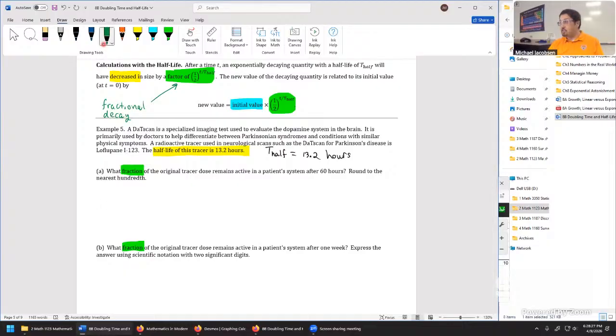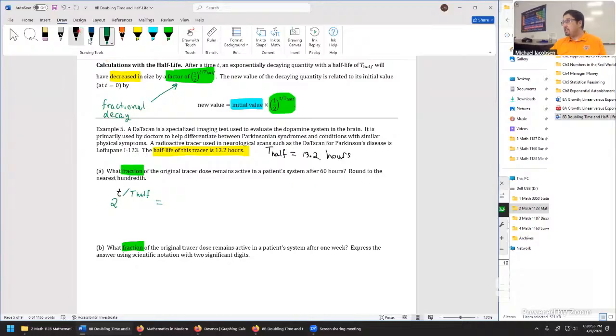So all we have to calculate this time is 2 to the power of t divided by t half. So once we get that value, we'll be done with this question. Also, some of the questions asked us to leave it in exponential form, but on this one, we're just going to round this to the nearest hundredth once we throw in the values.